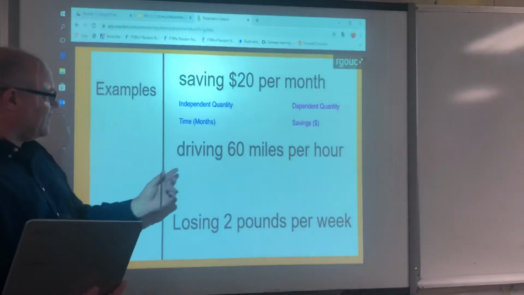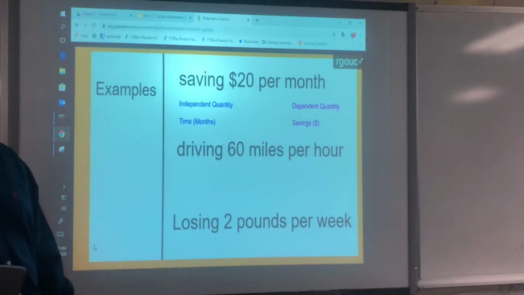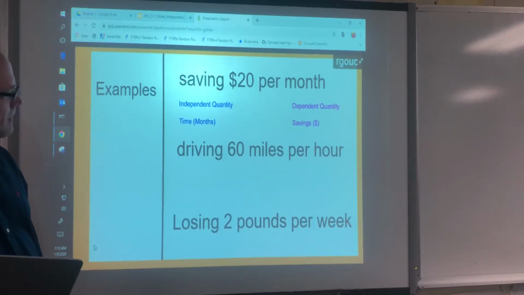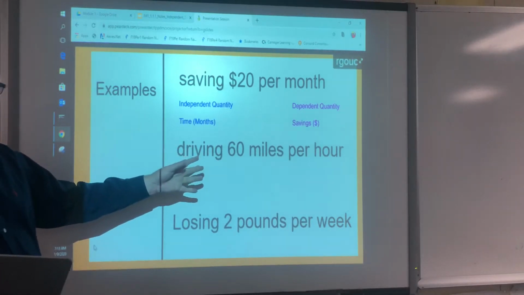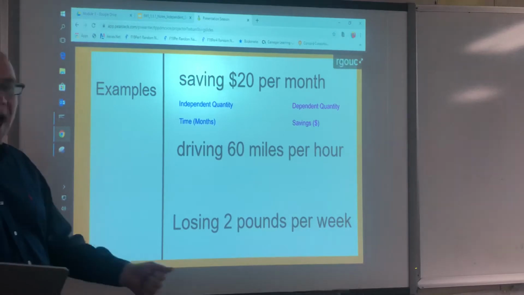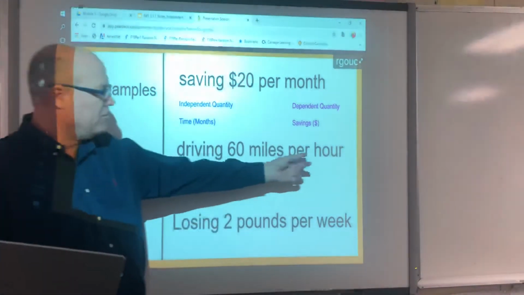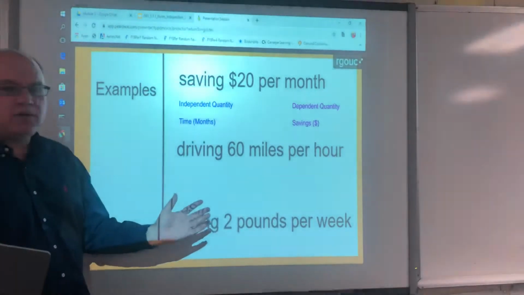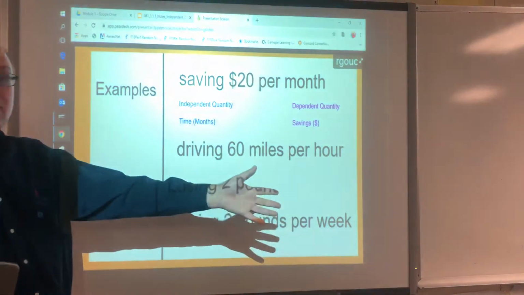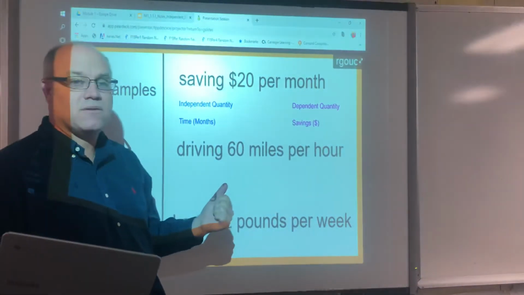All right, let's look at the next example. Driving 60 miles per hour. What are the two quantities in this relationship here? One is going to be distance traveled. Unit of measurement will be miles. The other quantity is going to be time, and time will be in hours as the unit of measurement. All right. So does your distance traveled depend on the time? Or does time depend on distance traveled?